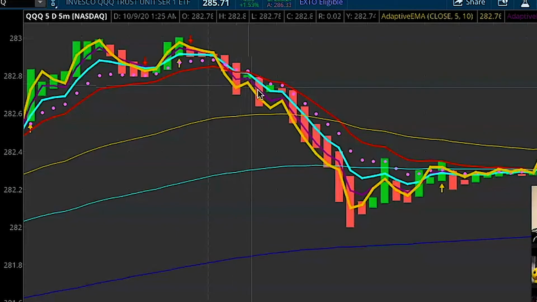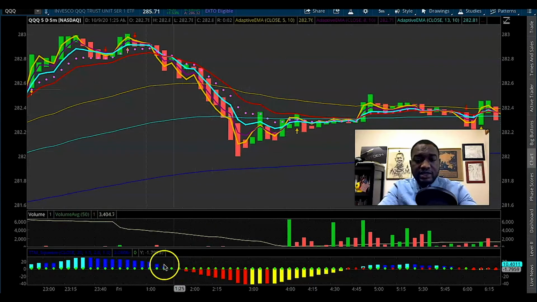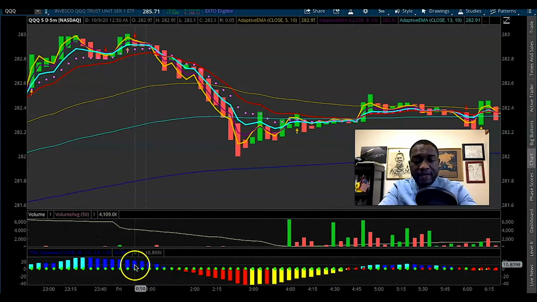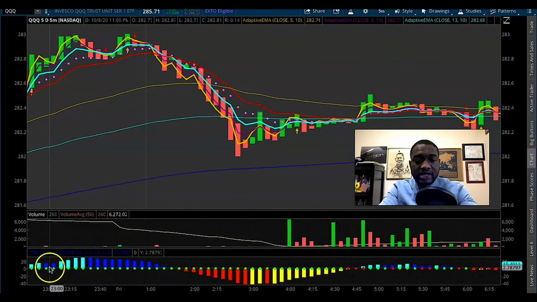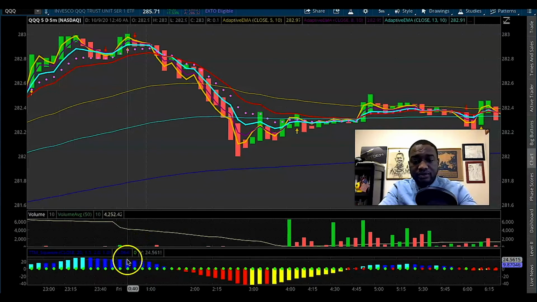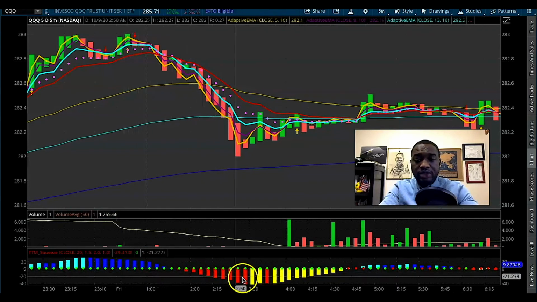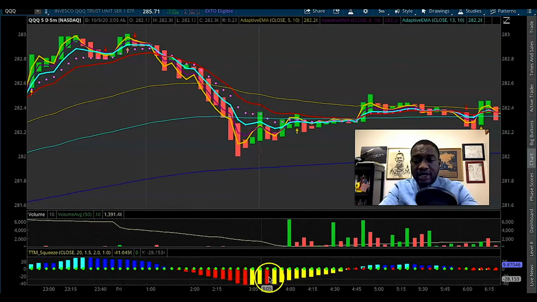And then as the stock goes down, the TT squeeze also, you see from here, we're getting red and dark blue, light blue, dark blue, light blue. Right here we're basically just getting straight dark blue, and then it just kept on pushing down until we started getting yellow and red.